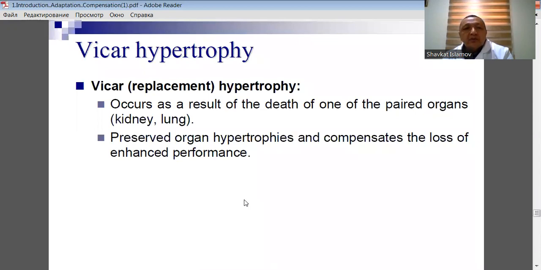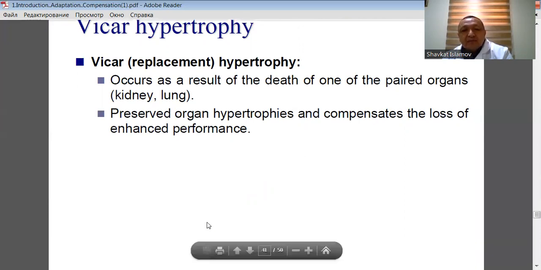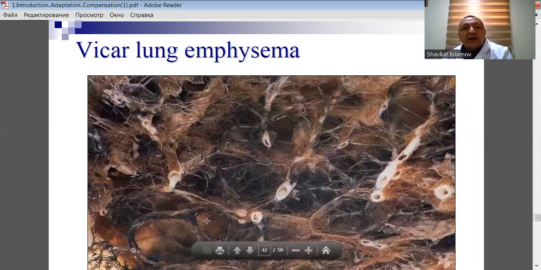Vicarious hypertrophy: replacement hypertrophy occurs as a result of the death of one of the paired organs, kidney or lung; the preserved organ hypertrophies, compensating the loss of function. Vicarious lung emphysema.